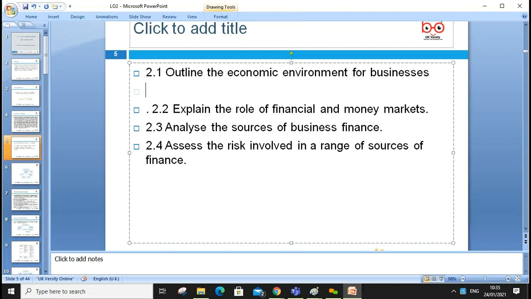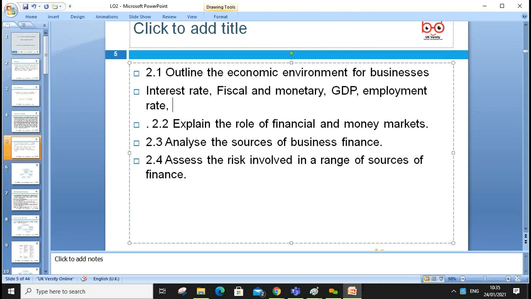So the key points under the economic environment: interest rate, fiscal and monetary policy, GDP of the country, employment rate, balance of payment. There are so many things, but I'll explain the key terms.